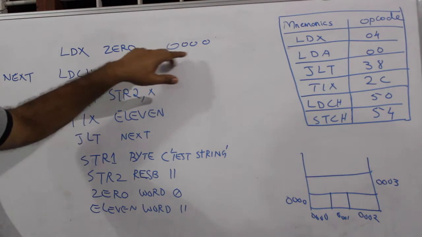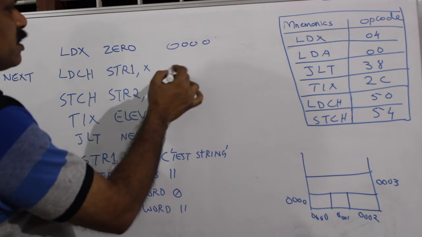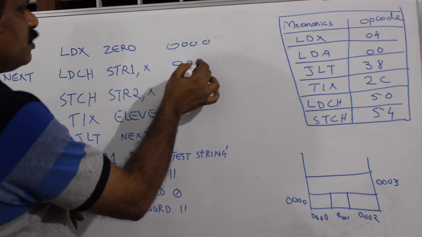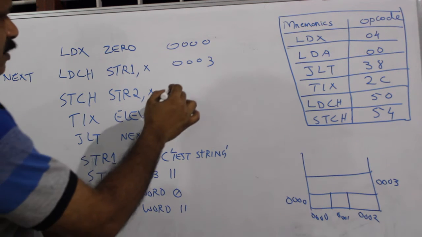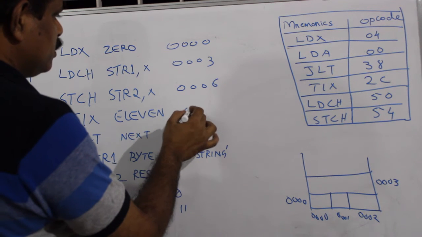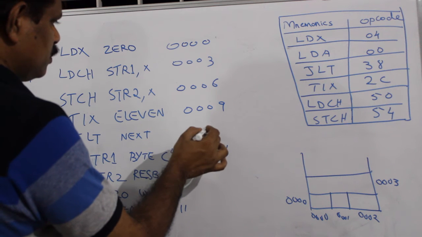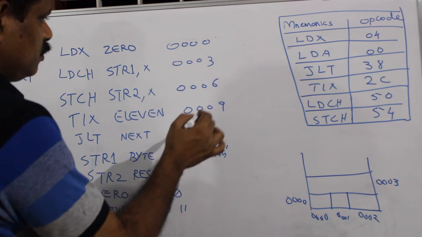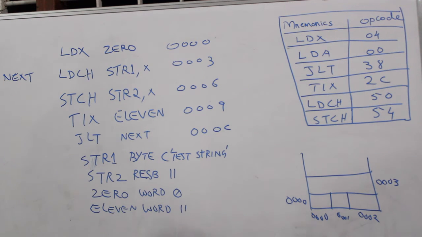So here the address of this instruction is 0000, and then the address of the next instruction will be 0003, and the next will be 0006, then 0009, then this one 000C.